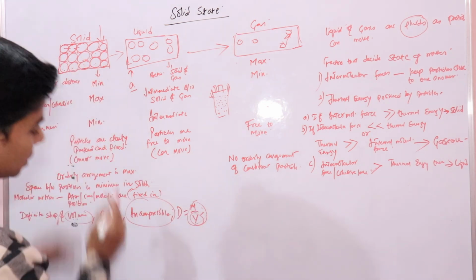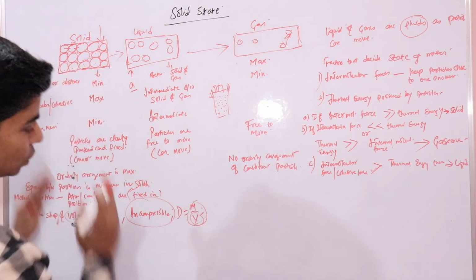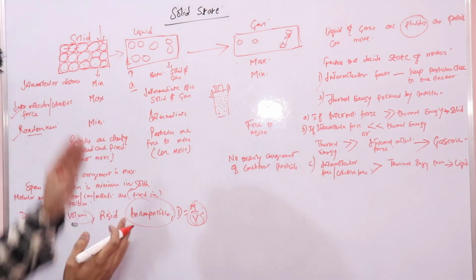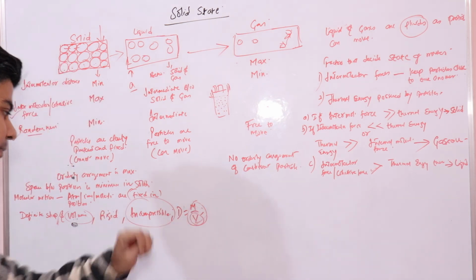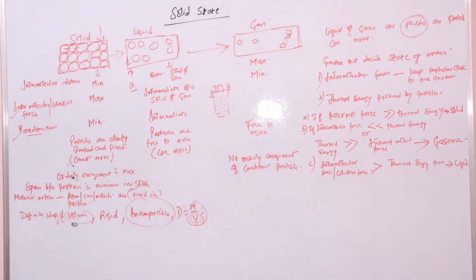Since particles are closest in solids, volume is minimum and density is maximum.